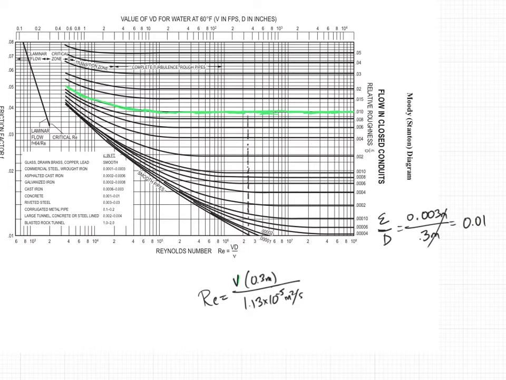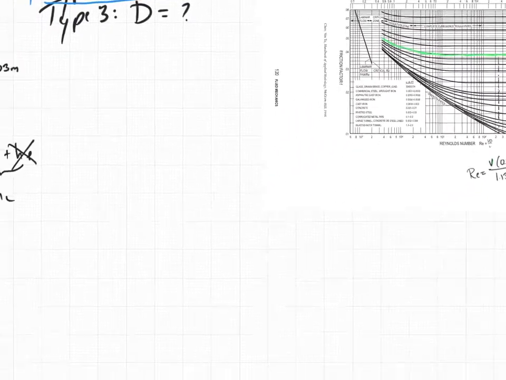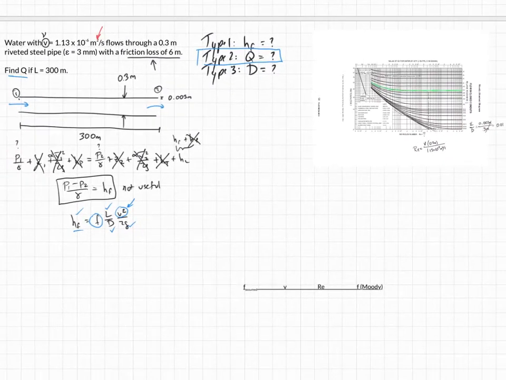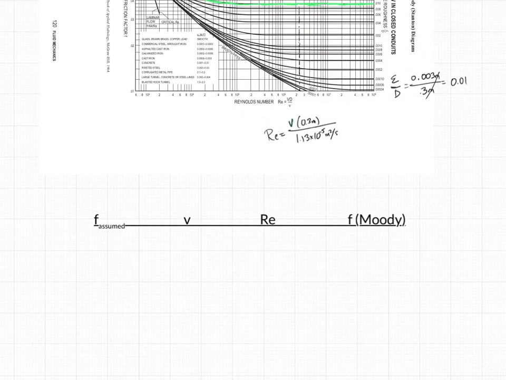So right now we're going to create the equations for this problem. But what you're going to do is guess an F. Let me zoom out. Okay, here we go. So we're going to do it right down here. You're going to guess an F value.